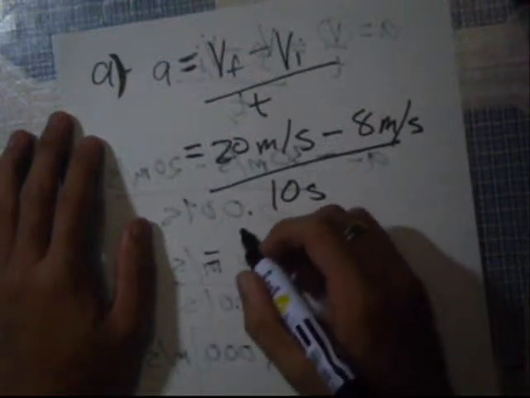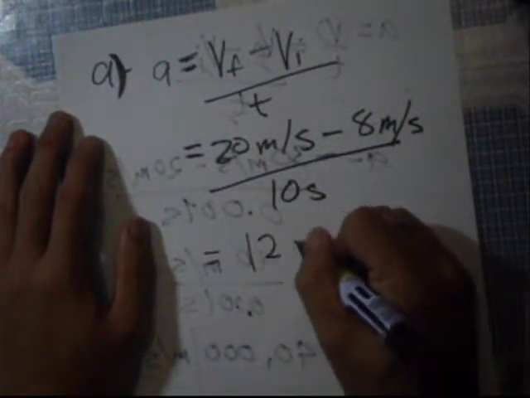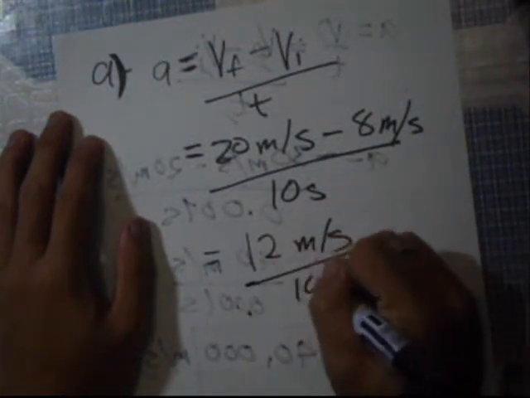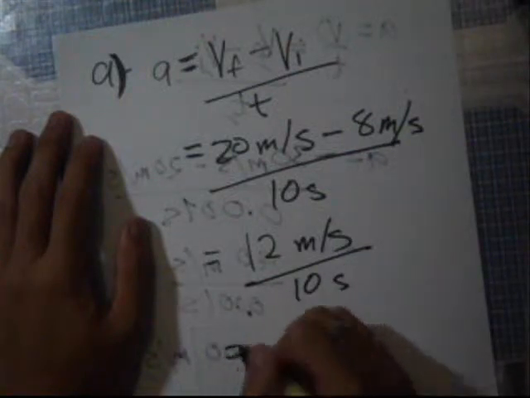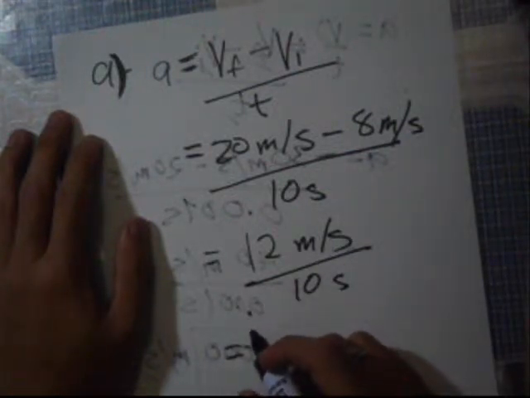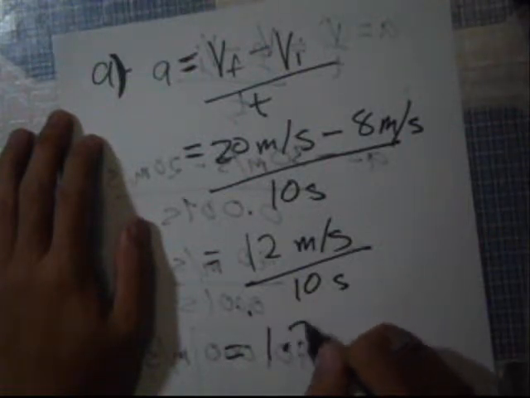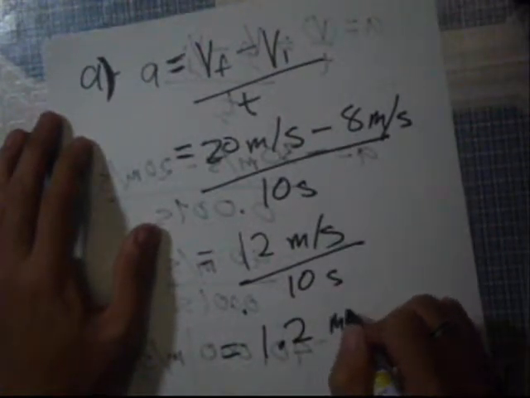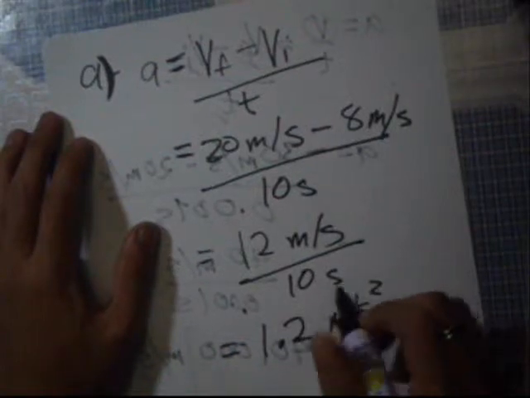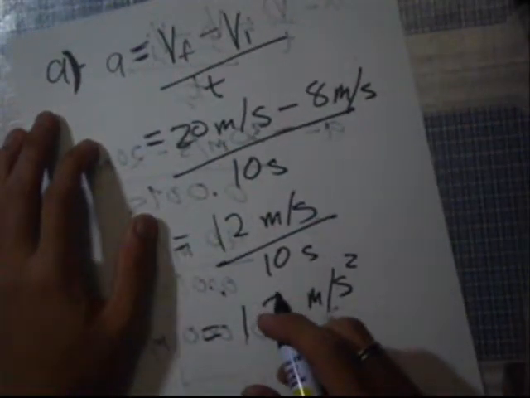So 20 minus 8 is 12 over 10. 12 divided by 10, you just press into your calculator and the result is 1.2 meters per square second.